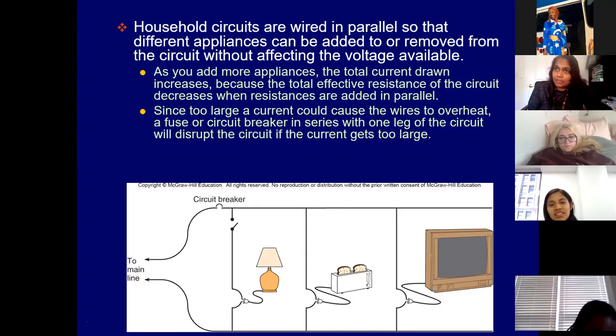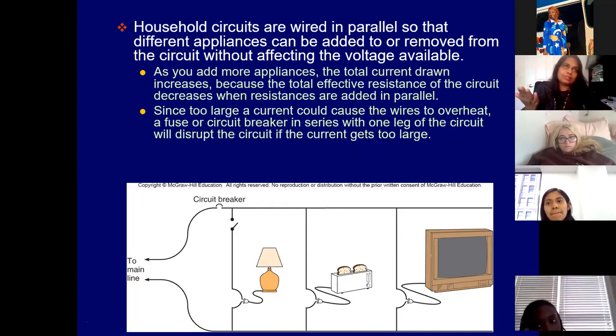Why? Think about it: if we connect things in series and we break one of the circuits, then there's no current going through the other circuits. So when we lose current in the kitchen, we would lose the current in the bathroom, right? So series connection is not the best way because of that loop breakout.